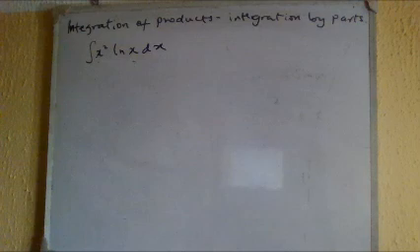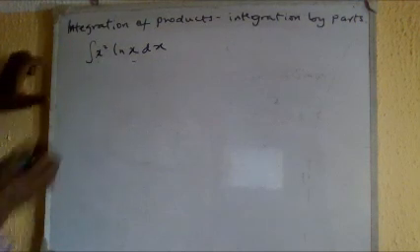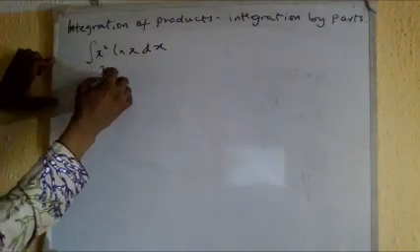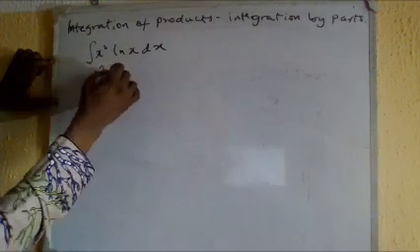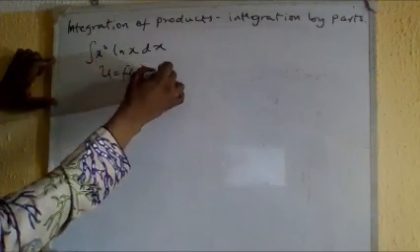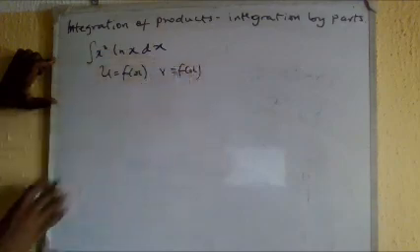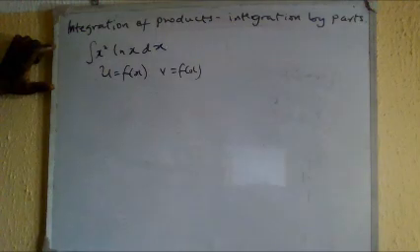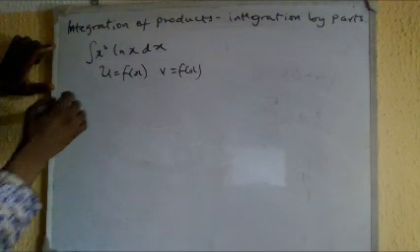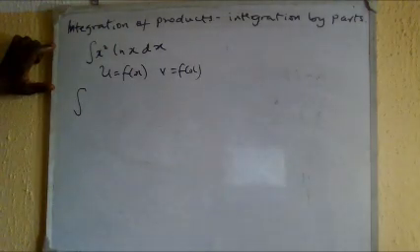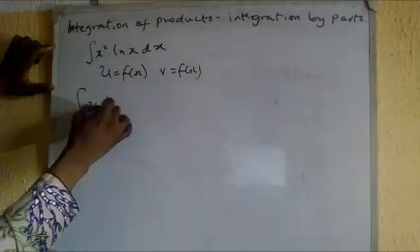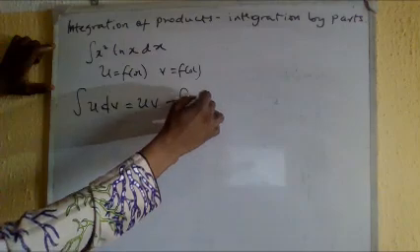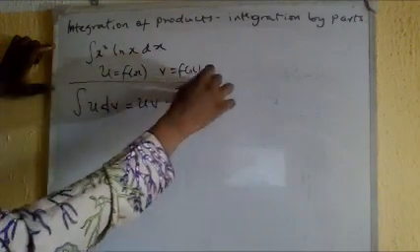If I have two functions here, I label one function u, and another one function v. So if I have these two products to integrate, I can say the integral of u dv is equal to uv minus the integral of v du. Please, this formula should be something that we know to apply for integration by parts.